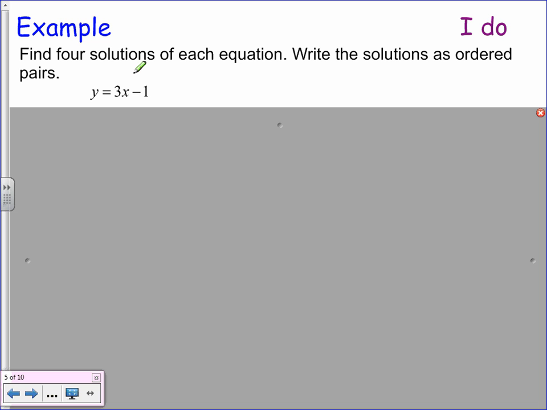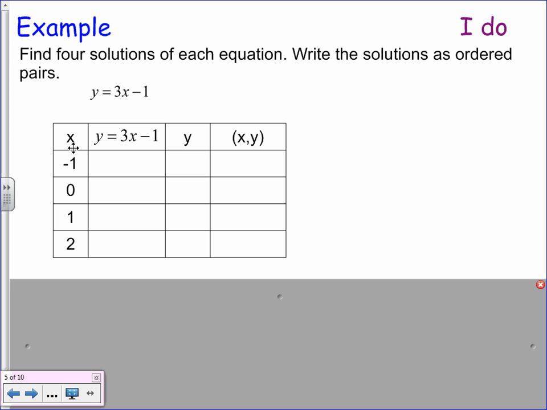Then what you need to do is you need to set up this chart. So we have to have an x column right here with -1, 0, 1, and 2. Then in this next column, you're going to put in your equation. Whatever equation they give you, you put right here in this column. Y equals 3x minus 1. The next column needs to be your y's, and then the next column should be your ordered pair x, y.